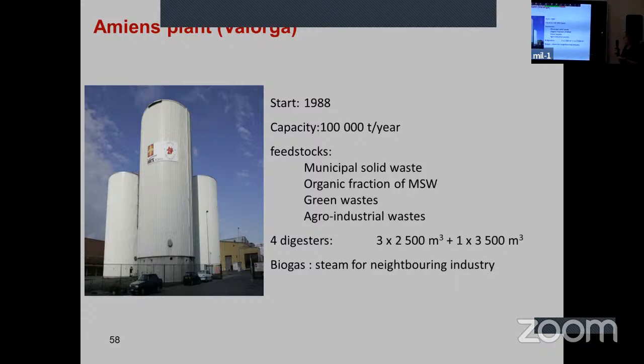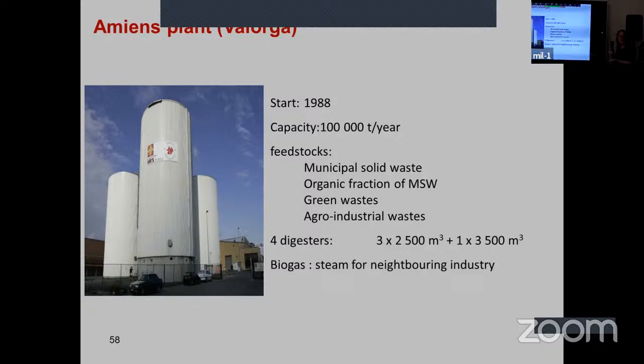This is a real picture of this process for municipal solid waste in Amiens. It's a French town, and it was the first process constructed for municipal solid waste, in 1988.